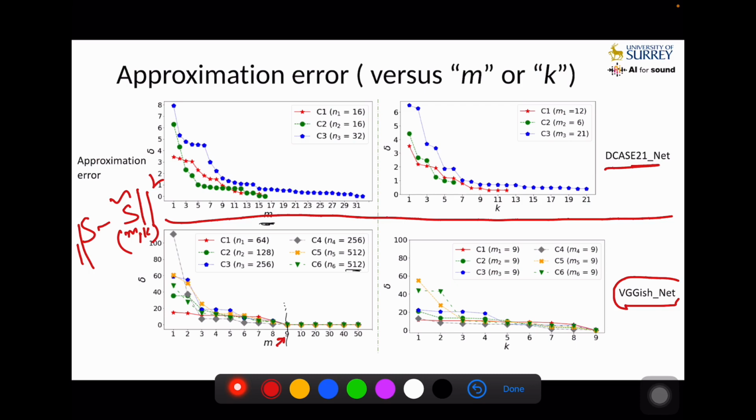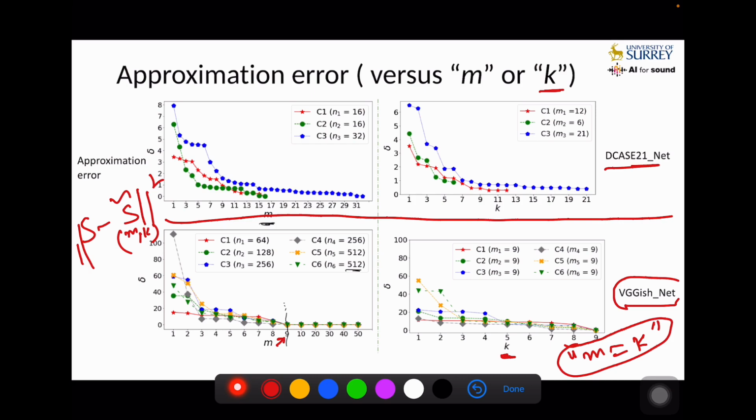And then we experimented with k, by varying k at a fixed number of m. We find that typically m equal to k gives an approximation error close to 0, once we obtain m.